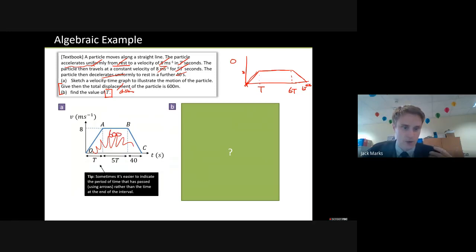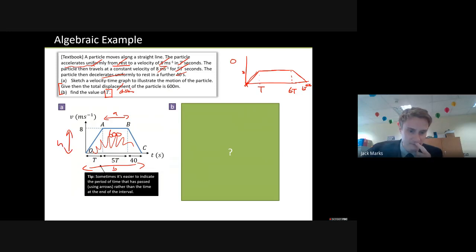So what you need to do is tell me what it is in terms of t, and then you've got it as 600. Set those equal to each other. You should be able to do some problem solving and find that one there. So area of a trapezium is the quickest way. This is our A value, this is our B value, this is our H value.